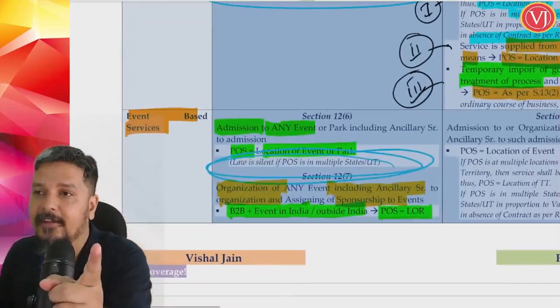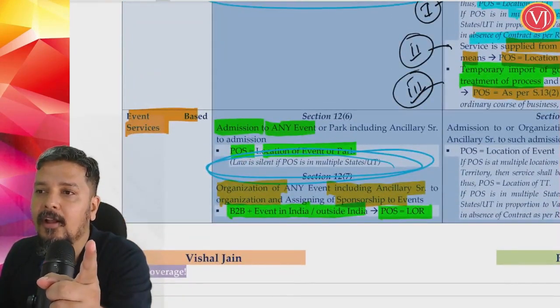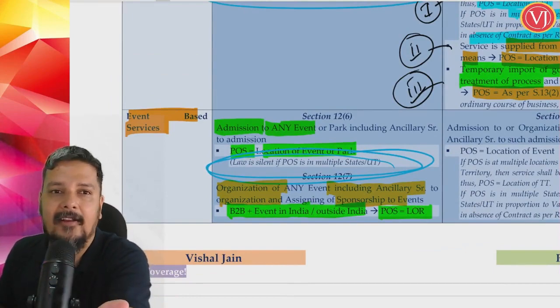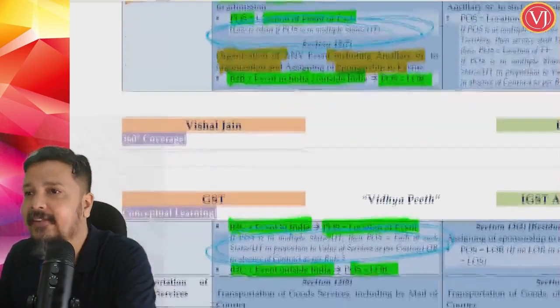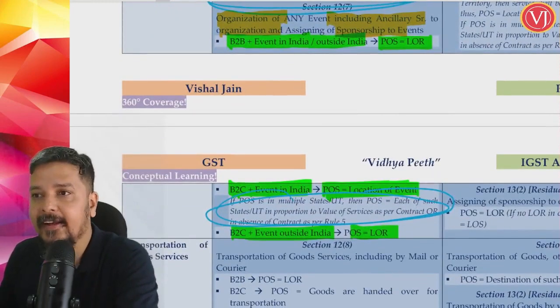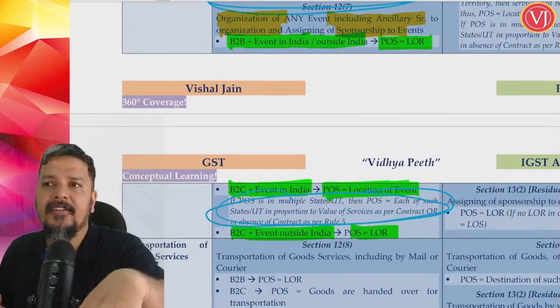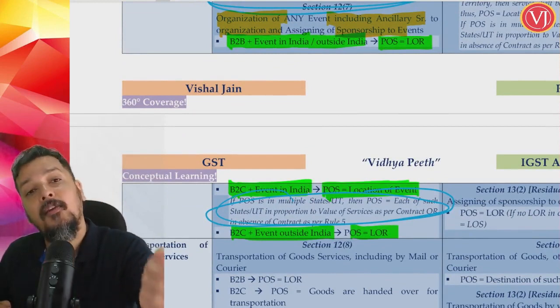This recognition of multiple answers was not there for admission to an event. For your tickets, it was not there. It is for organization. The people who are organizing the same World Cup will organize it in multiple states.